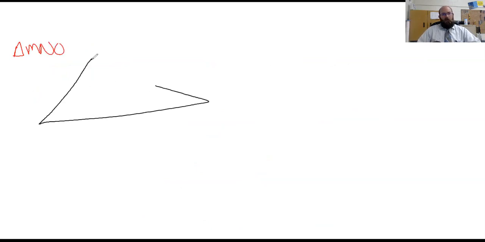So let me tell you that I have triangle MNO. Let me change it to black because I think that'll be easier for us. Just draw a triangle, not a right triangle, and let's give it M, capital N, and O. Okay, so these are our angles, and this then is side n, this one is m, and this one is o.